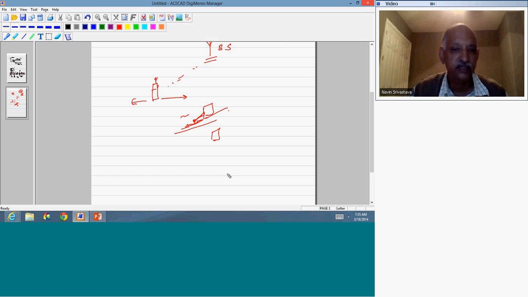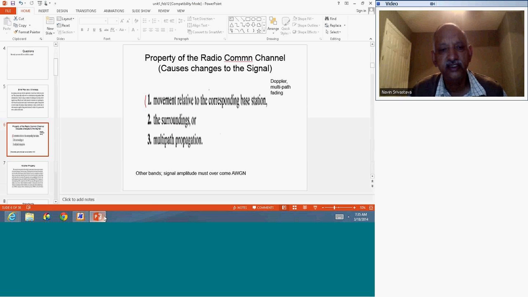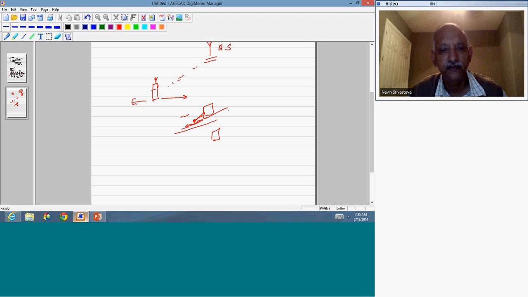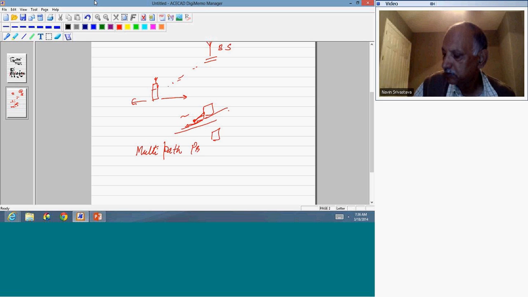And the third property is what is known as multi-path propagation. So what is the meaning of multi-path propagation?